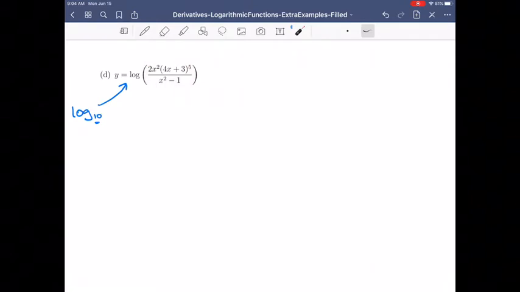Now the derivative of the inside needs the quotient rule, and the derivative of the top needs the product rule, and one of the things here needs the chain rule. Okay, this is a complicated derivative. We could do it that way, okay, but it's not a lot of fun. So why don't we simplify first?